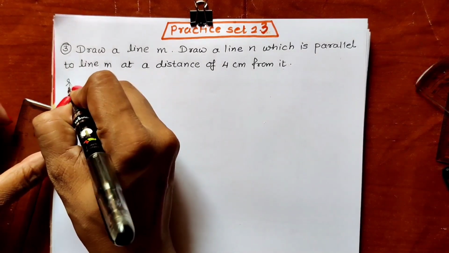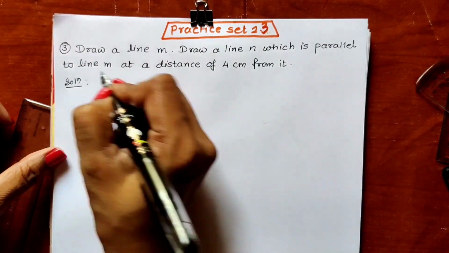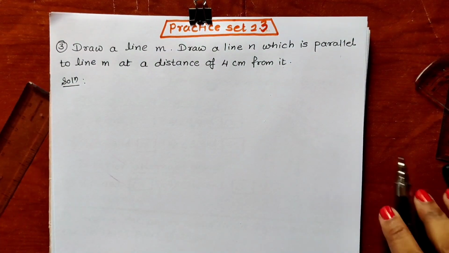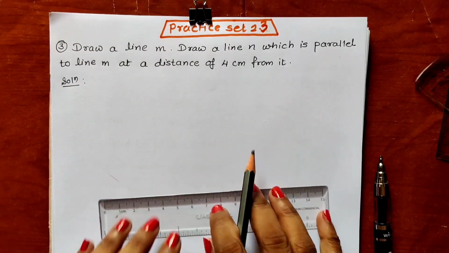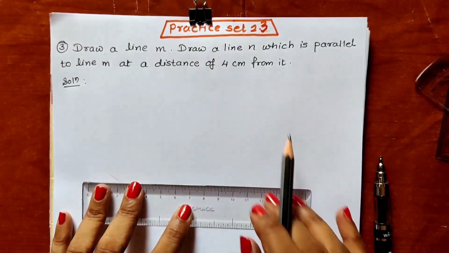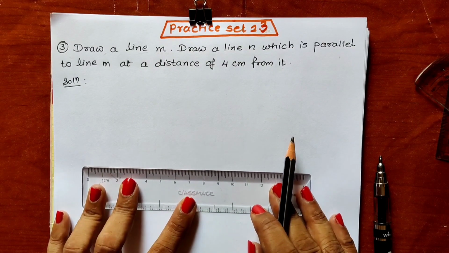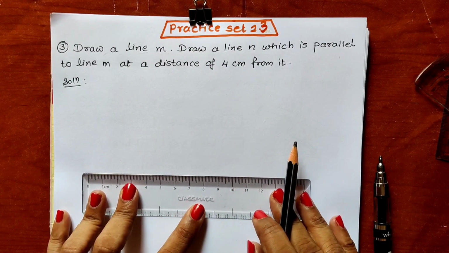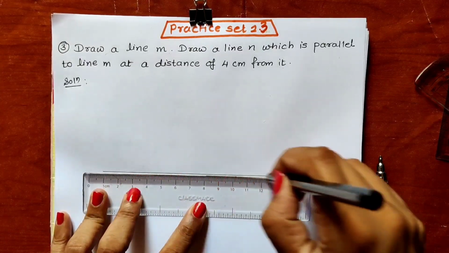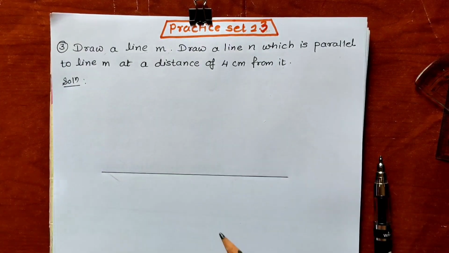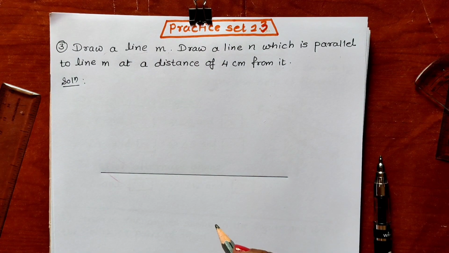So, solution. First we will be drawing line M. In this way, first we have drawn line M.